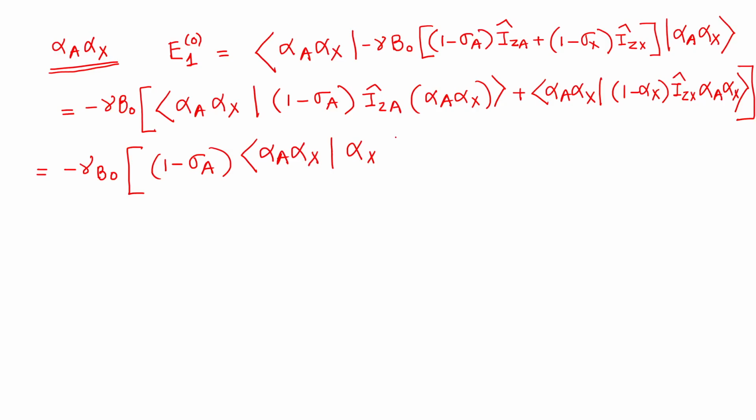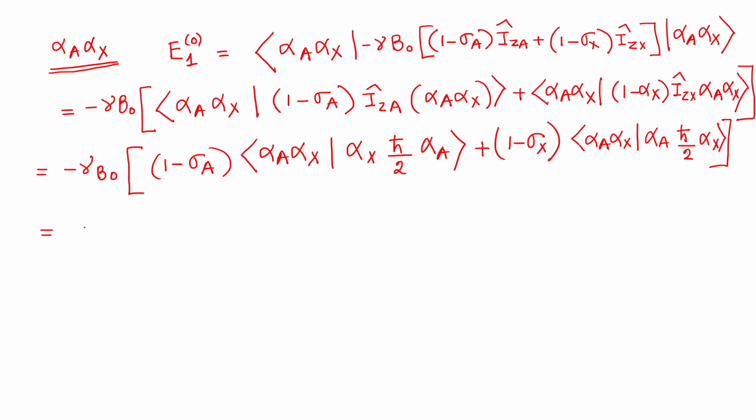That is h-cut by 2, m_z, so half times h-cut, and it gives me this back. Similarly, I will write this also: I_Z is going to operate on alpha X only, and the same thing, h-cut by 2, alpha X.